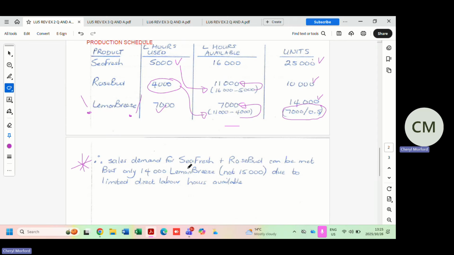So you would say the sales demand for Sea Fresh, and in fact there you could actually put in the 25,000, and the sales demand for Rosebud of the 10,000 can be met, but only 14,000 Lemon Breeze, not the last 1,000, due to the fact that we had limited labor hours available.